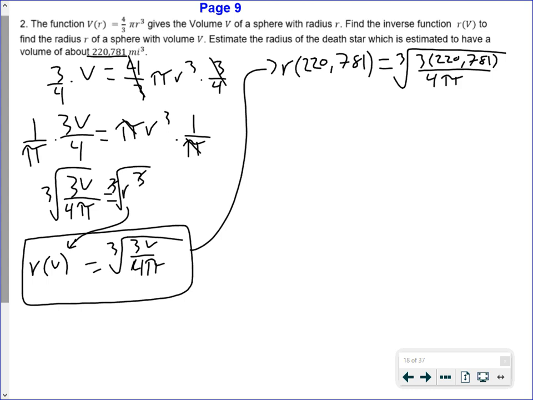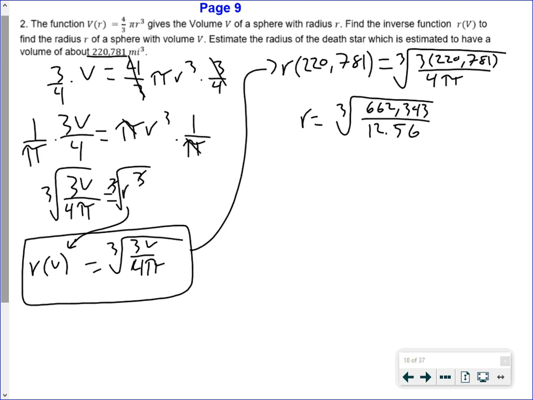Pi is about 3.14. So when we solve this out, r is going to give us the cube root. 3 times 220,781 is 662,343. And 4 times pi gives us about 12.56.